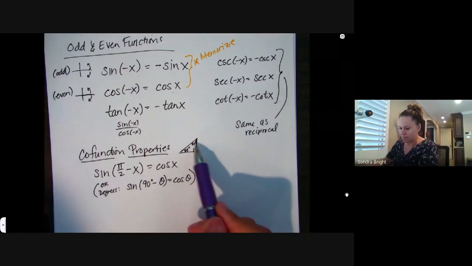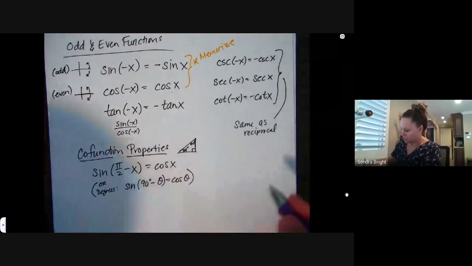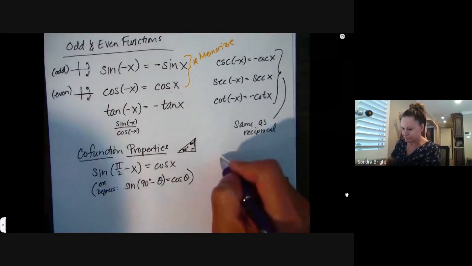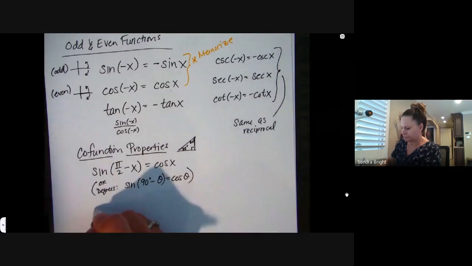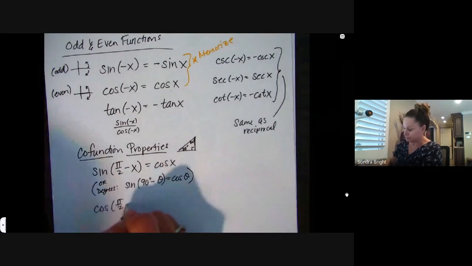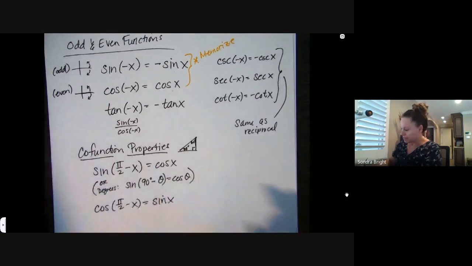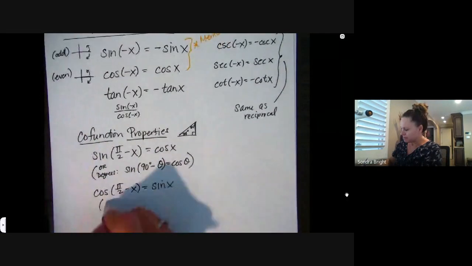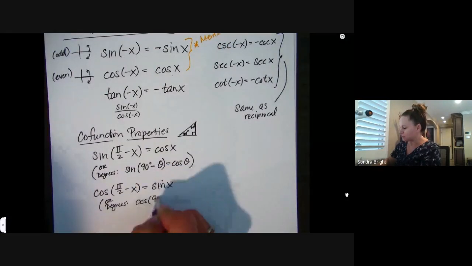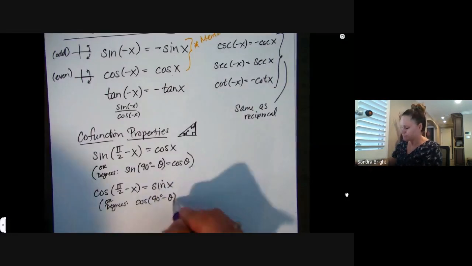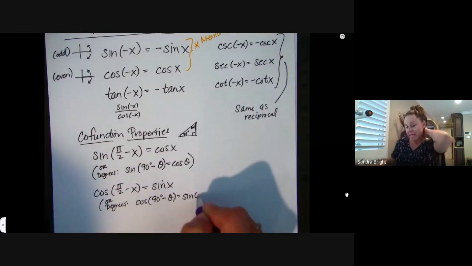The cofunction property for cosine is sine, again in radians or degrees. And in degrees, it would be cosine of 90 degrees minus theta is equal to sine of theta. So those are the cofunction properties.